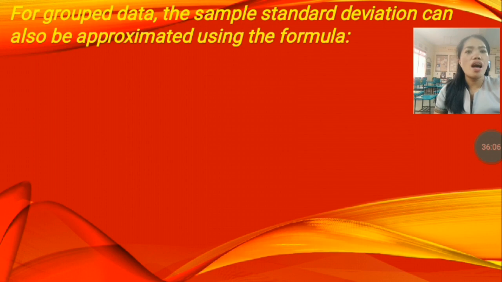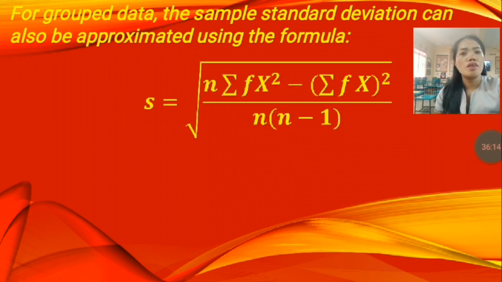For grouped data, the sample standard deviation can also be approximated using this formula. So this is another method or another formula, the same as the sample standard deviation for ungrouped data.